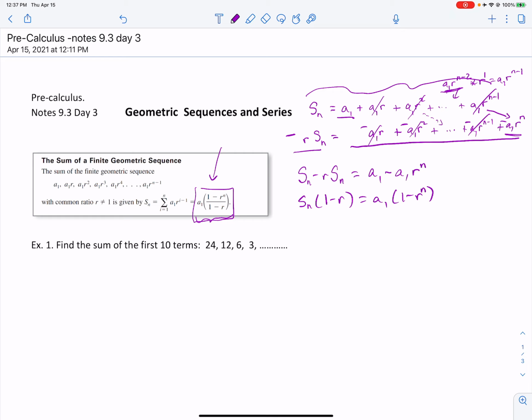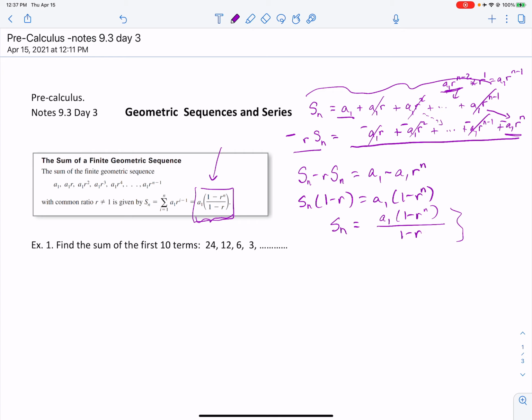And now when I solve for S sub n, which is the sum of a finite number of terms in a geometric series, I get a sub 1, 1 minus r to the nth, all over 1 minus r. And by the way, nothing simplifies here. Because of the r to the nth, you can't cancel the 1's or the r's or anything.